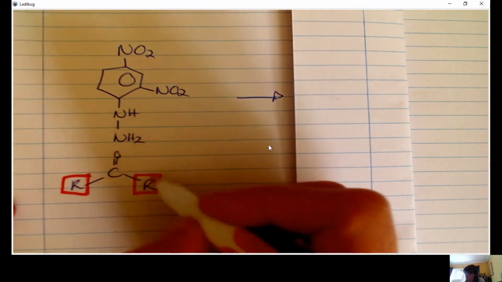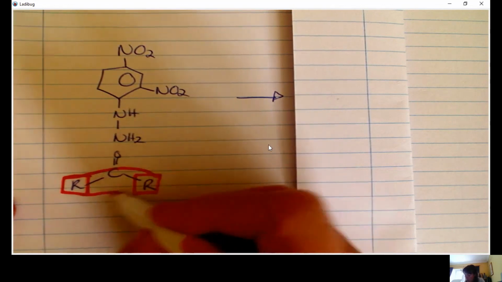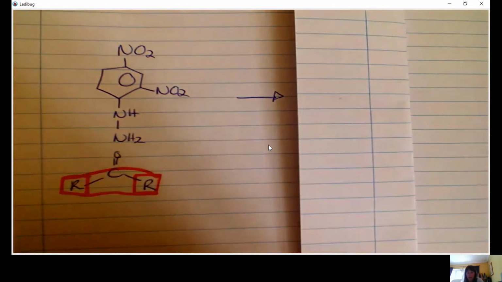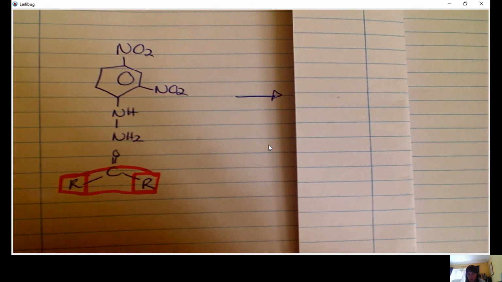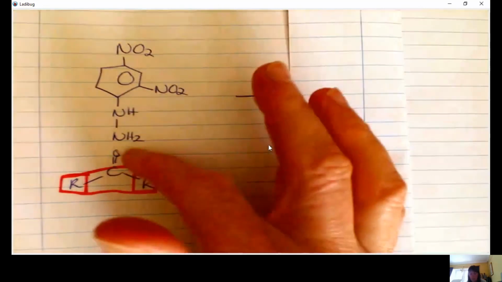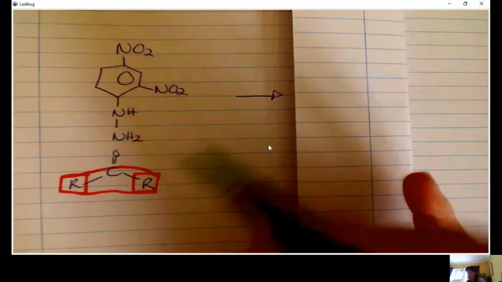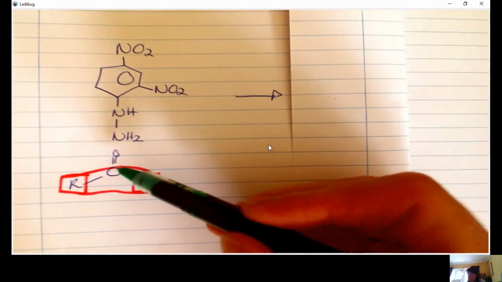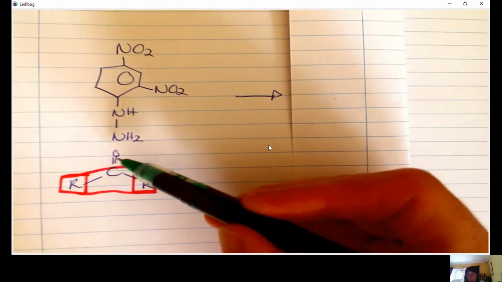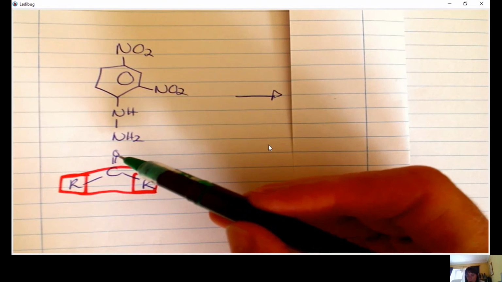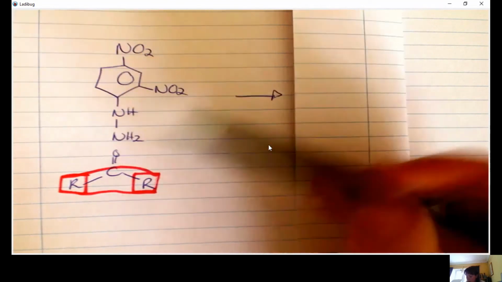So basically this chunk here is the bit that needs to be bonded on in order to be specific to a specific carbonyl. The C double bond O bit could be anything. So if we're going to lose the O from over here, then we must have water formed. So we must lose two H's from here.